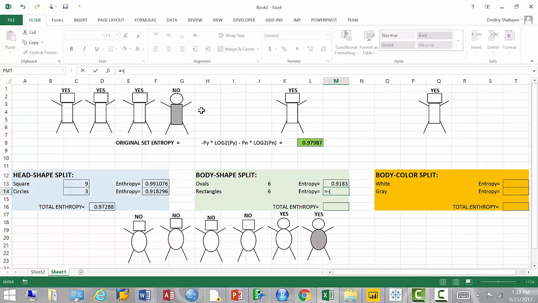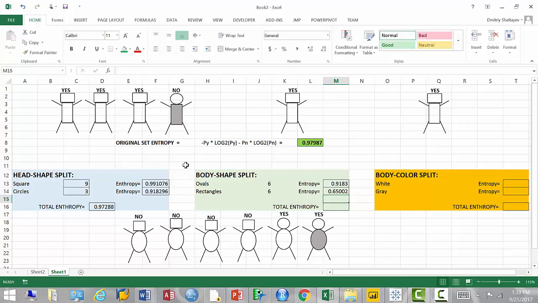Unfortunately, not quite like that. But it's still very good, okay? So, no's, again, let's start with no's, right? It's 1 out of 6 multiplied by log of 1 out of 6 base 2. And then add yeses. And yeses are 5 out of 6, right? Times log 5 out of 6 base 2.